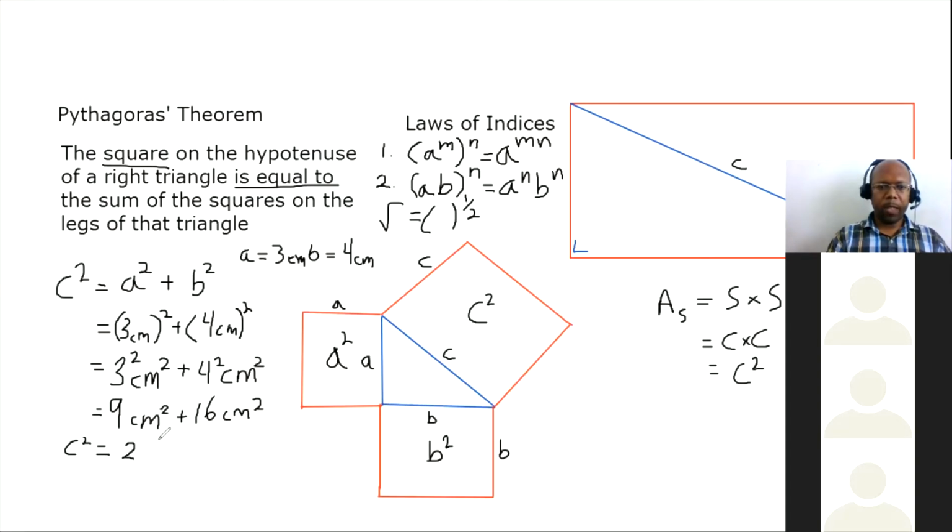Very good, 25 centimeters squared. So 25 square centimeters. So in this, we now know that my c squared, that there are 25 little squares inside of here. So there's 25 squares.